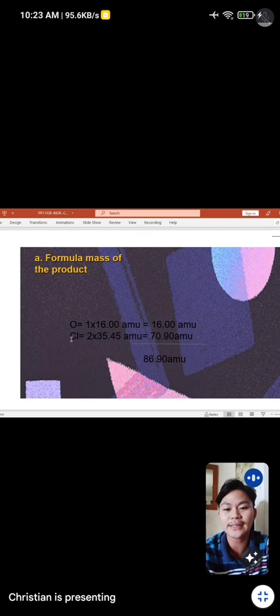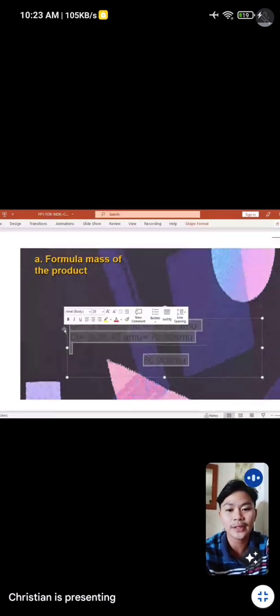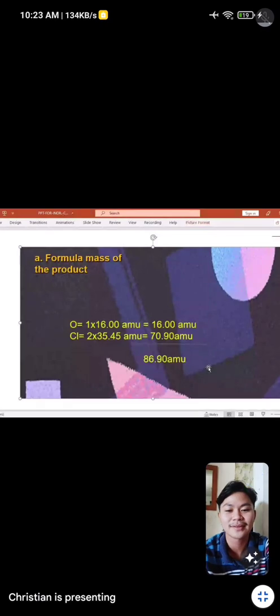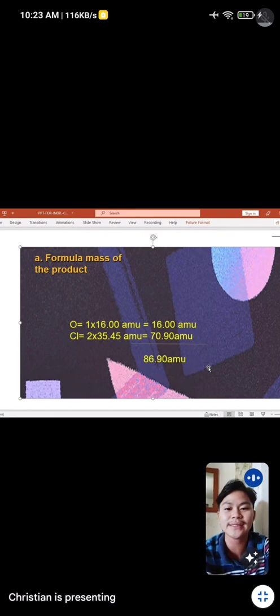The chlorine equals 2 times 35.45 atomic mass unit, which equals 70.90 atomic mass unit. So here, we were able to add the 2 elements and the sum is 86.90 atomic mass unit. That is the formula mass of the product.